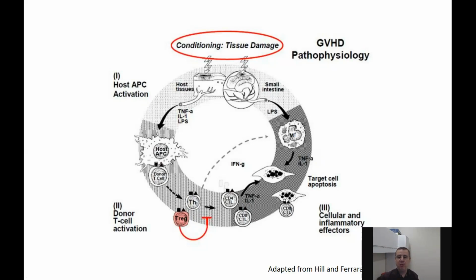This host tissue damage releases a number of cytokines such as TNF-alpha, IL-1, and lipopolysaccharide, which leads to the activation of the host antigen-presenting cells. These host antigen-presenting cells interact with donor T cells, activating them, and ultimately leading to cellular and inflammatory responses that lead to target cell apoptosis and ultimately tissue and organ damage.